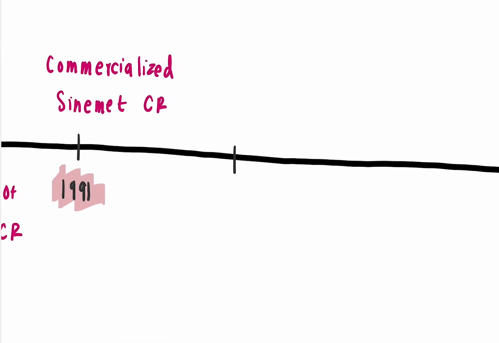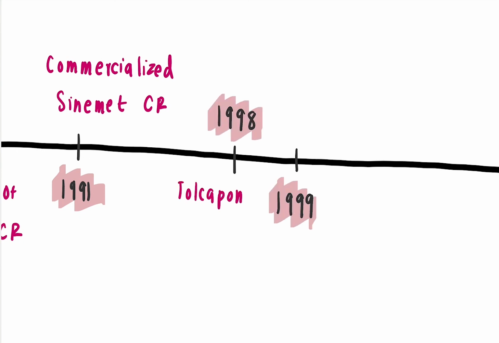So in 1998 and 1999, two inhibitors of COMT, catechol O-methyltransferase, were released in order to improve how much levodopa reaches the brain to be converted there into dopamine. These are called tolcapone, which was released in 1998, and entacapone, which was released in 1999.